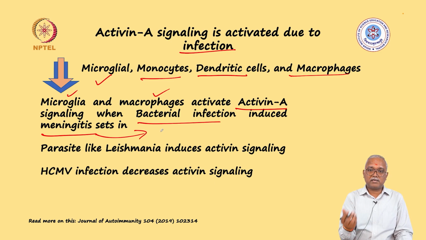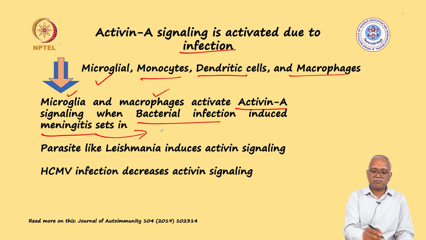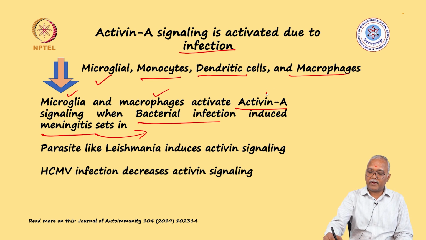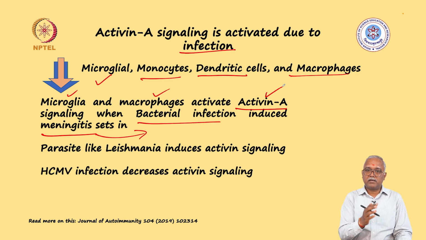So this meningitis is a cue for these microglial cells to activate the activin signaling, which will remove the infection. It will put the signal into the system where you will have maybe new transcriptional programming as well as immediate activation of these cells so that they can induce phagocytosis or release content which will take care of the infection.